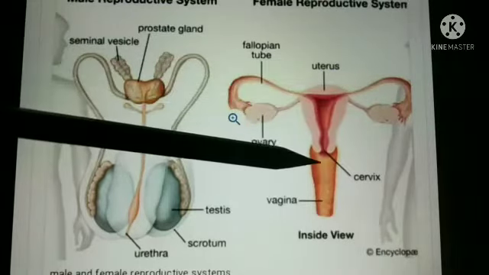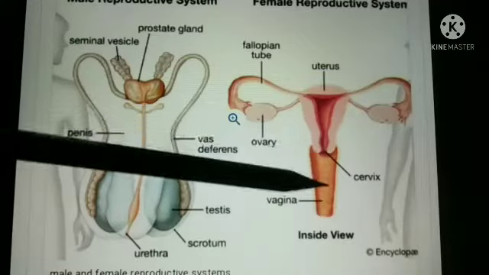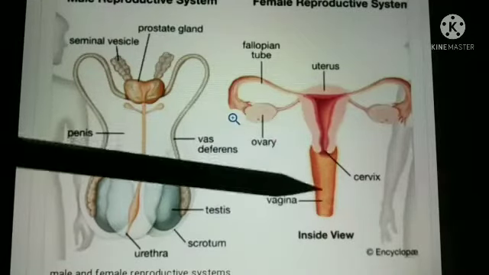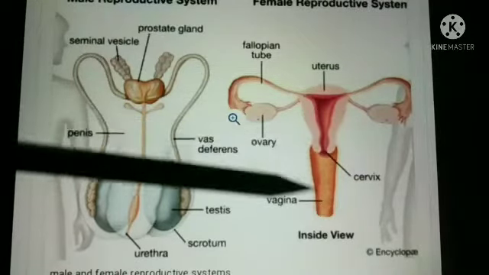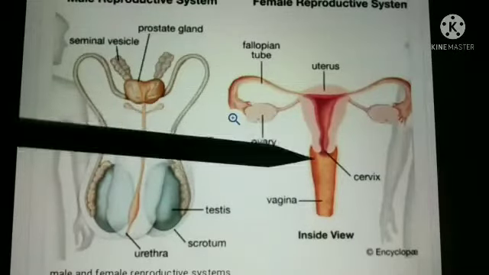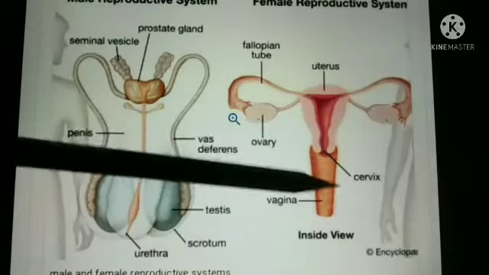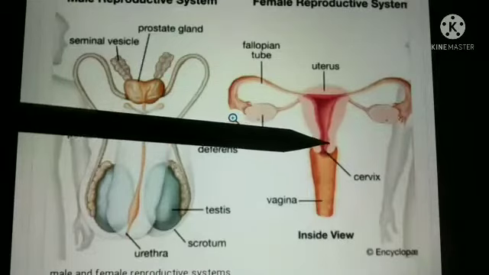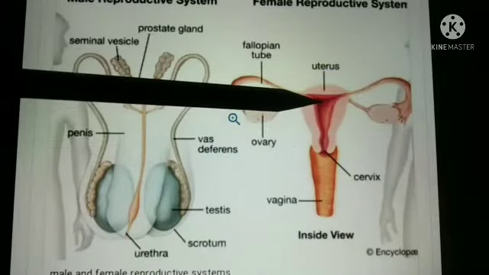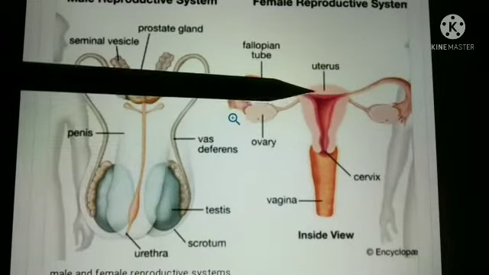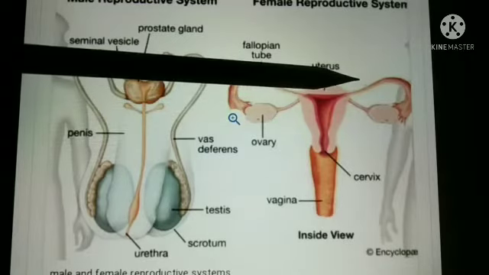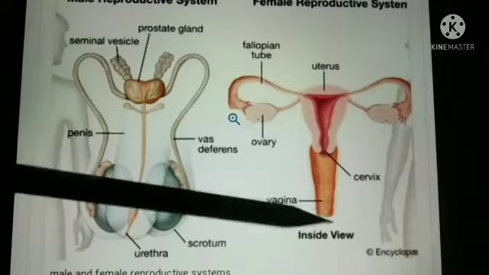basis. What is vagina? The vagina is a muscular tube that receives the penis during intercourse, through which the sperm travels on their way to fertilize the egg, and through which a baby passes during childbirth.